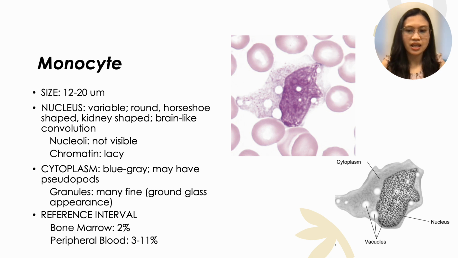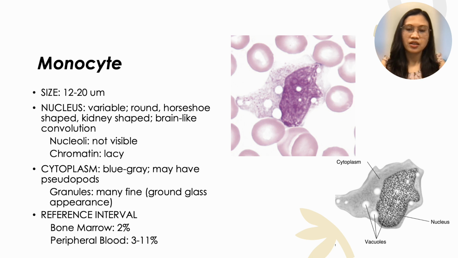The promonocyte then develops into monocyte. Monocytes have a size of 12 to 20 micrometers. Their nucleus will not have a uniform size or shape, as they can be round, horseshoe-shaped, or kidney-shaped. The brain-like convolutions inside the nucleus may also be visible.